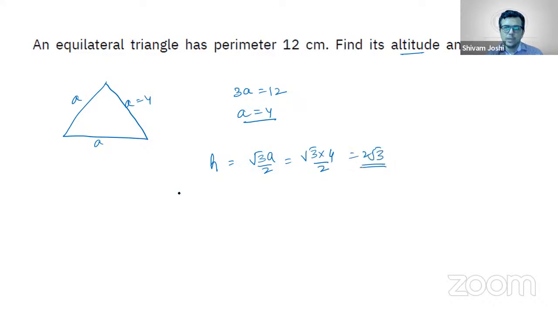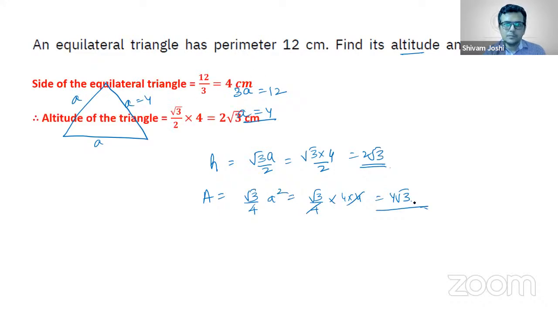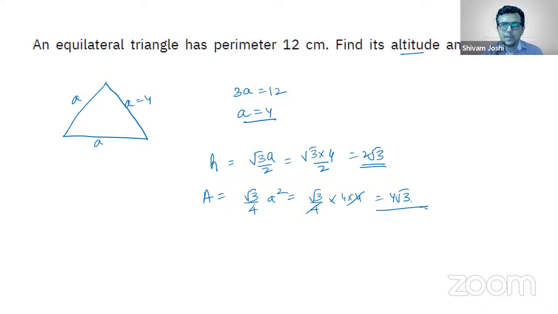What about the area? Root 3 by 4 a square, which is root 3 by 4 into 4 squared, that is 4 root 3. These are just simple applications of the formula I'm showing you. Do not expect these things to appear in the exam.